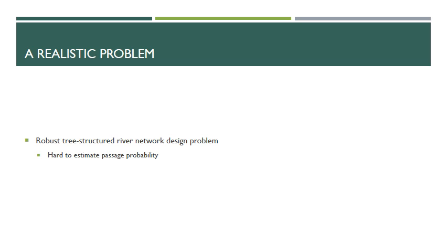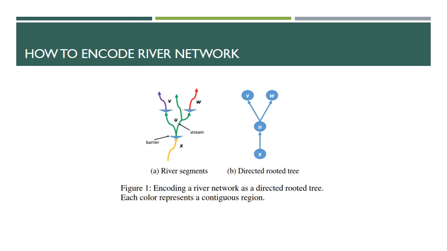In this domain, the fish passage probabilities of barriers can only be inaccurately estimated, and the new passage probability of a repaired barrier is even harder to estimate. So in our model, only interval bounds are specified for the different probabilities. Figure 1 shows how to encode a river network as a directed rooted tree.